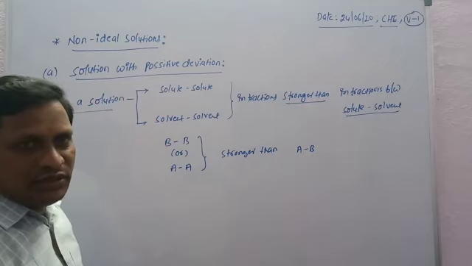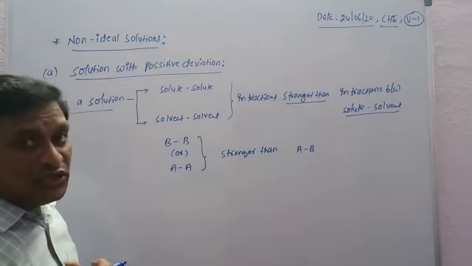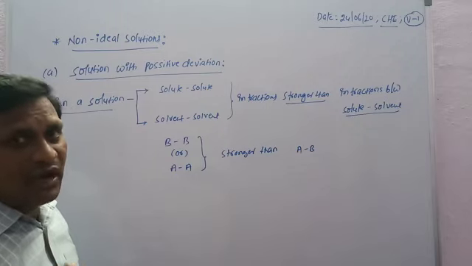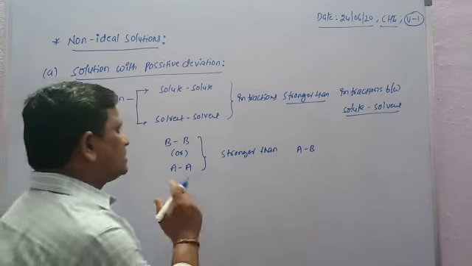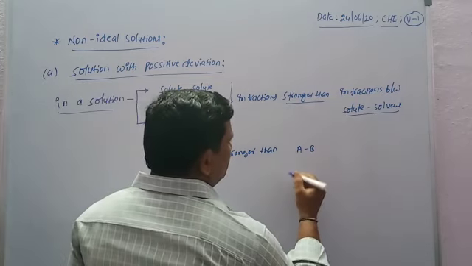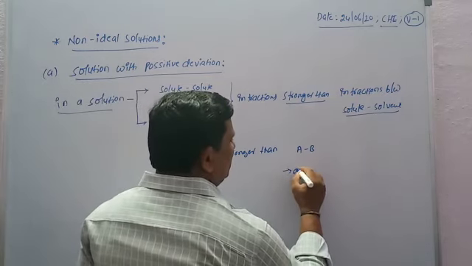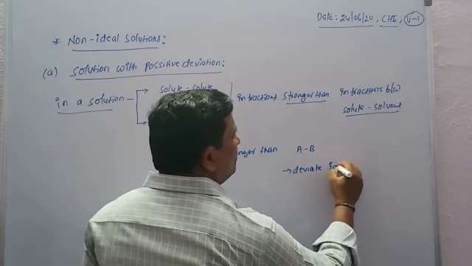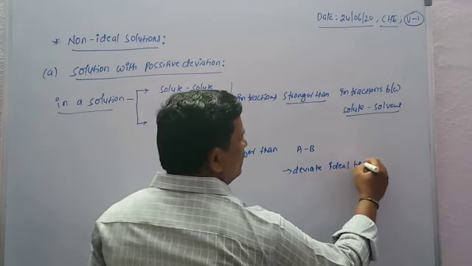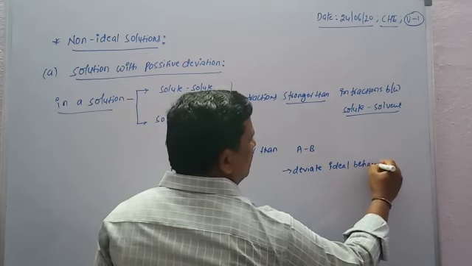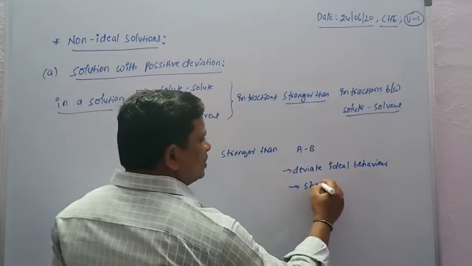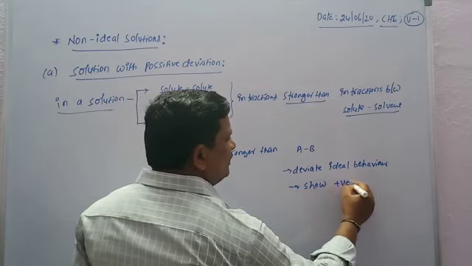Now this solution shows positive deviation because it deviates from ideal behavior. So this solution deviates from ideal behavior and shows positive deviation.